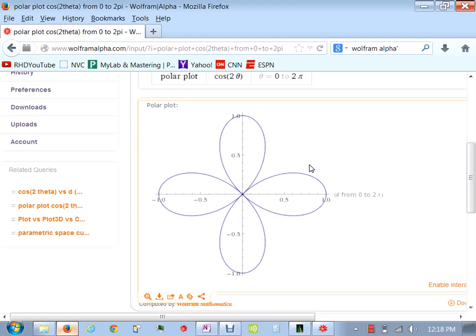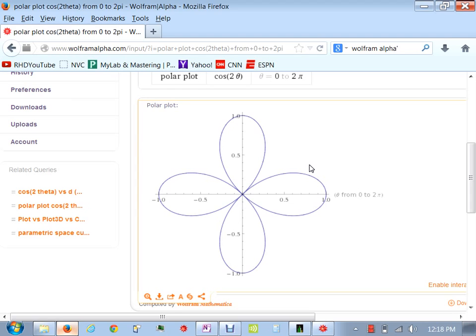Pi over 4 to, well, there's 4 leaves, right? So there are 4 equal ones. Draw an x and a y axis here. This is 90 degrees between these two, right? 90 degrees, 90 degrees.